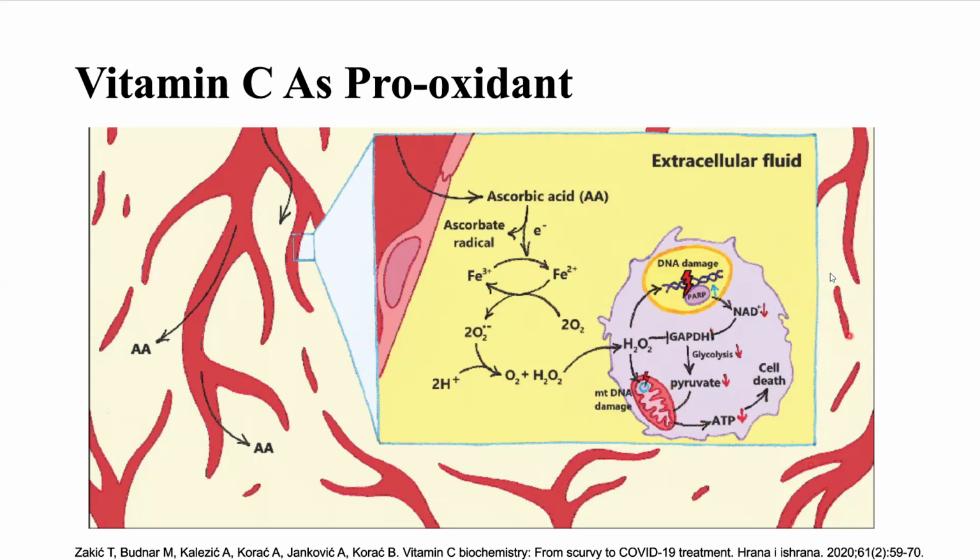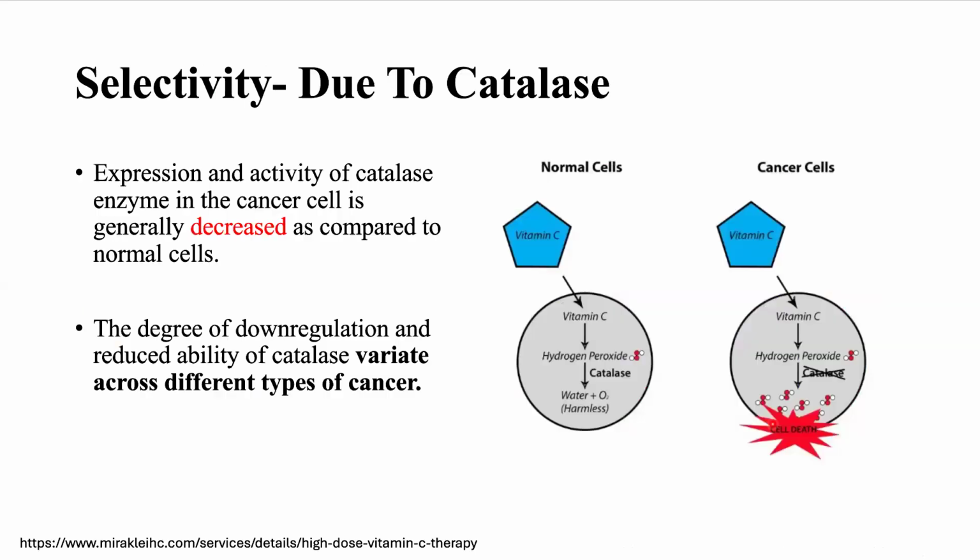This has already been discussed in several studies by now, and these are all the things that vitamin C in higher dose can cause. So all of this collectively causes the pro-oxidant action of vitamin C. However, this only occurs in cancer cells.